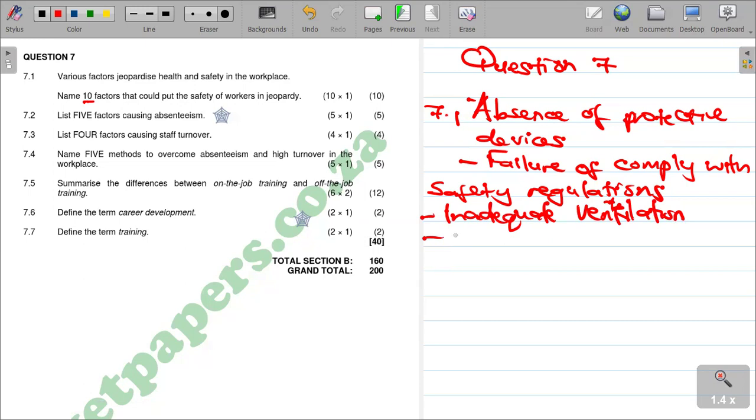It might be due to inadequate lighting, when there is not enough light. Right. It might be due to poor housekeeping.